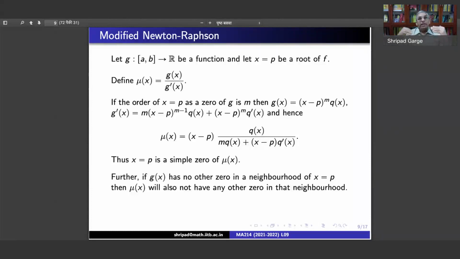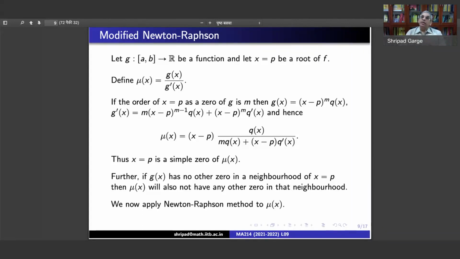Okay, so whenever now we convert this root finding problem for mu(x) equal to 0 into a fixed point iteration problem, then it will give you some 0 of mu in some neighborhood of p, but that has to be p. It cannot be anything else. Okay, that is understood. So we now apply the Newton-Raphson method to mu(x). Remember mu(x) is g(x) upon g'(x).